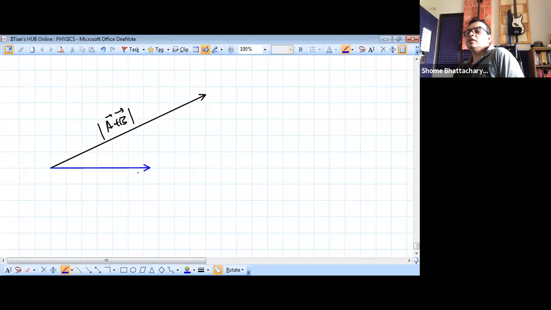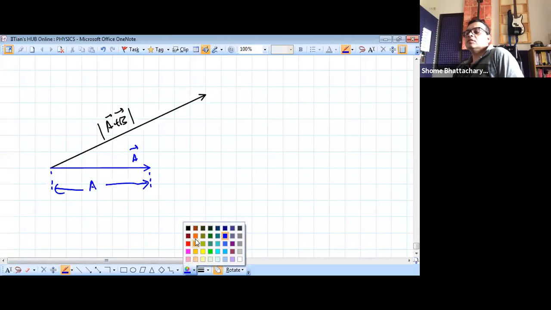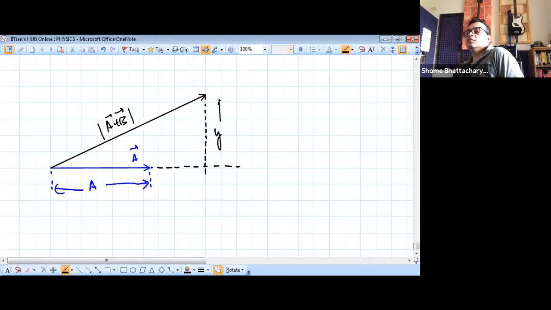This was a vector A, so this length from here to here is the magnitude of the vector A. Whereas this was Y and this was X. And of course there is the vector B joining these two, but we are now more concerned with the large right angle triangle.